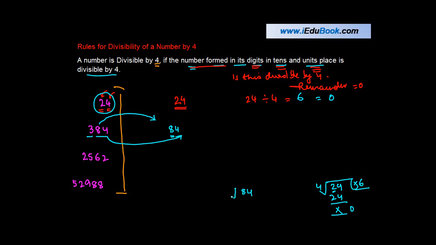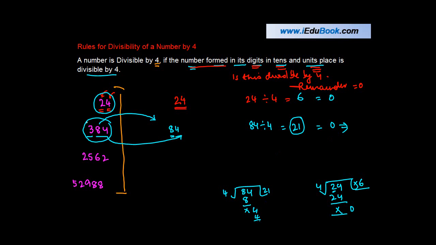Let us see. 4 times 2 gives me 8. 8 minus 8 leaves a remainder of 0. Bring down 4. 4 times 1, 4. Remainder is 0. Now we know when 84 is divided by 4, the remainder is equal to 0 and the quotient is equal to 21. Since the remainder is 0, we conclude that 384 is divisible by 4.